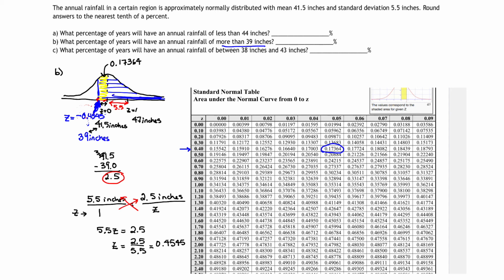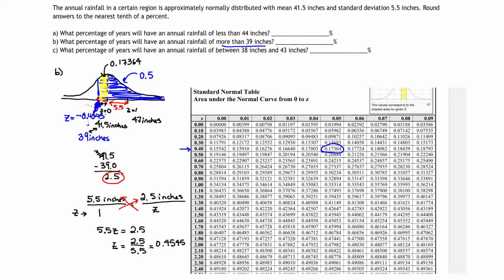If I'm putting on my thinking brain, this is identical to the last problem. I have 0.17364 pertaining to my little yellow shaded area. I have the rest of the graph, which corresponds to 0.5 in terms of area.